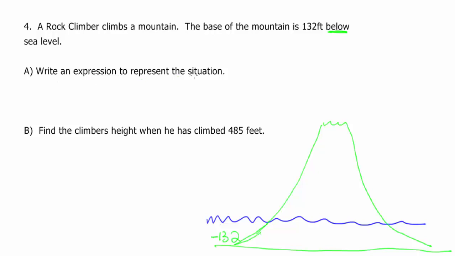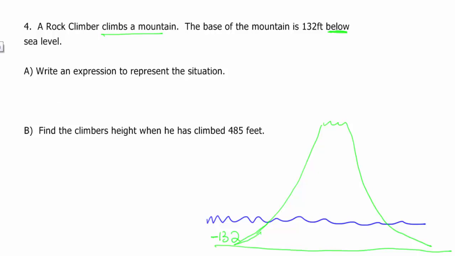Write an expression to represent the situation. So all it's saying is a rock climber is climbing a mountain. They start at negative 132 feet because it's the base of the mountain. Again, it's not in water.